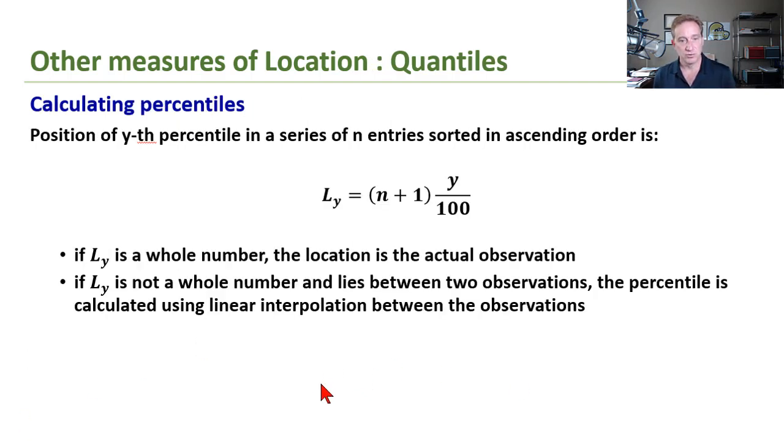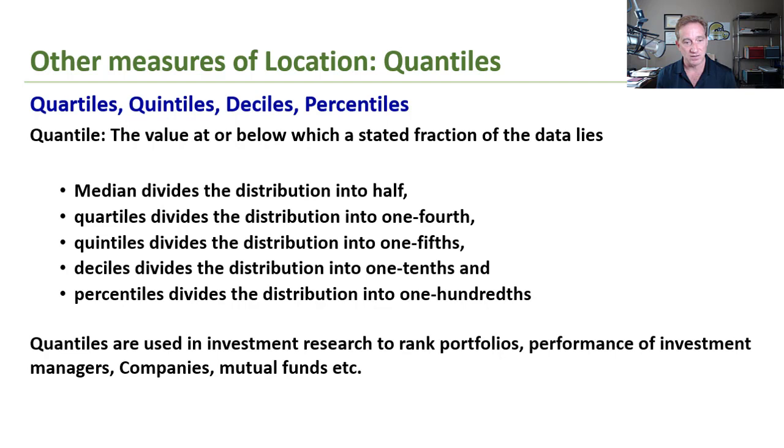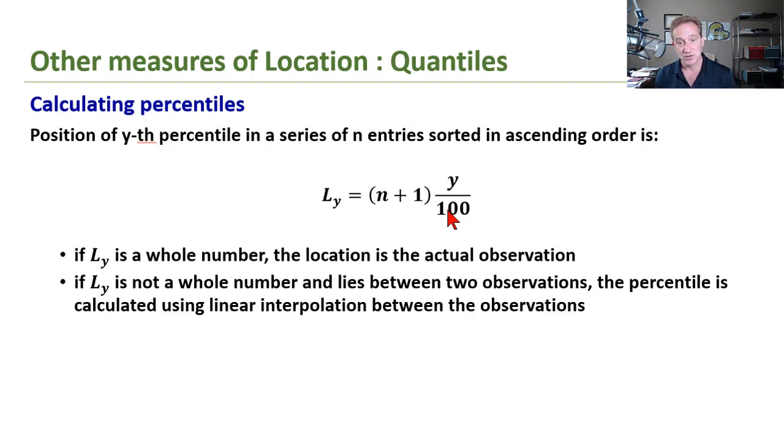So to calculate the percentile, we sort the data in ascending order, and the location is given by the yth percentile, whatever percentile we want. If it's a median, then y would equal 50. If it's the first quartile, then y would be 25.